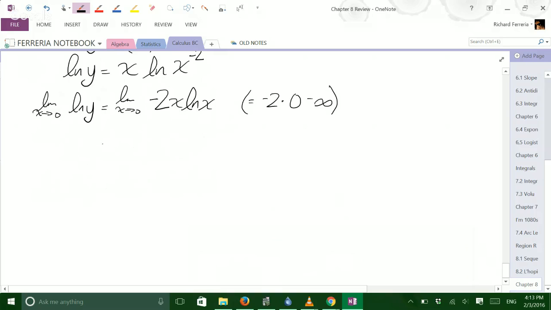So the limit as x approaches 0, keep that negative 2 with a natural log of x, over 1 over x. I think that's a better place for it. Can I use L'Hopital's rule on that now? The numerator is infinity, the denominator is infinity. Yeah, I can use L'Hopital's rule now.